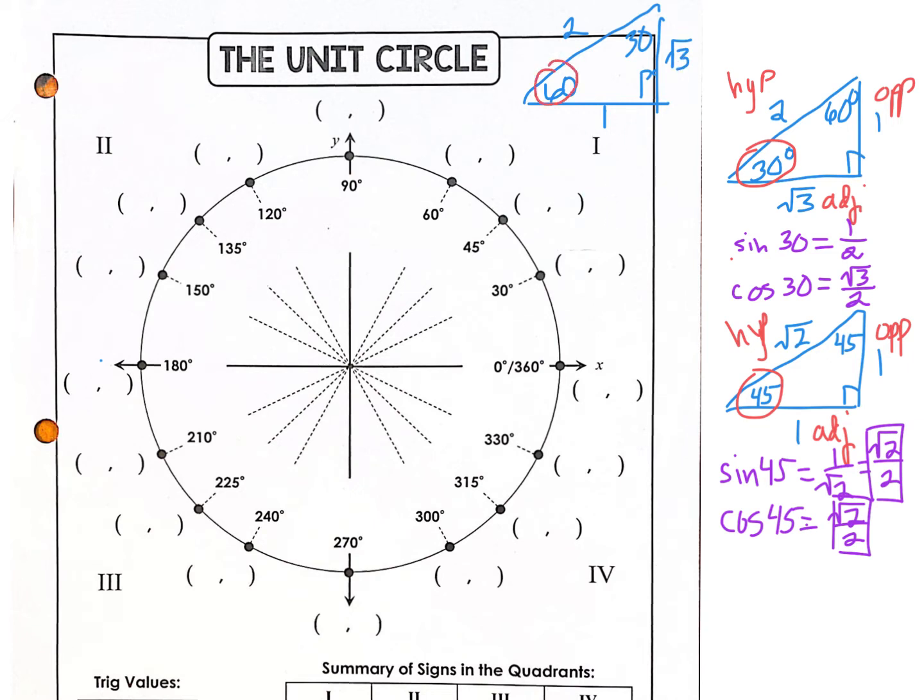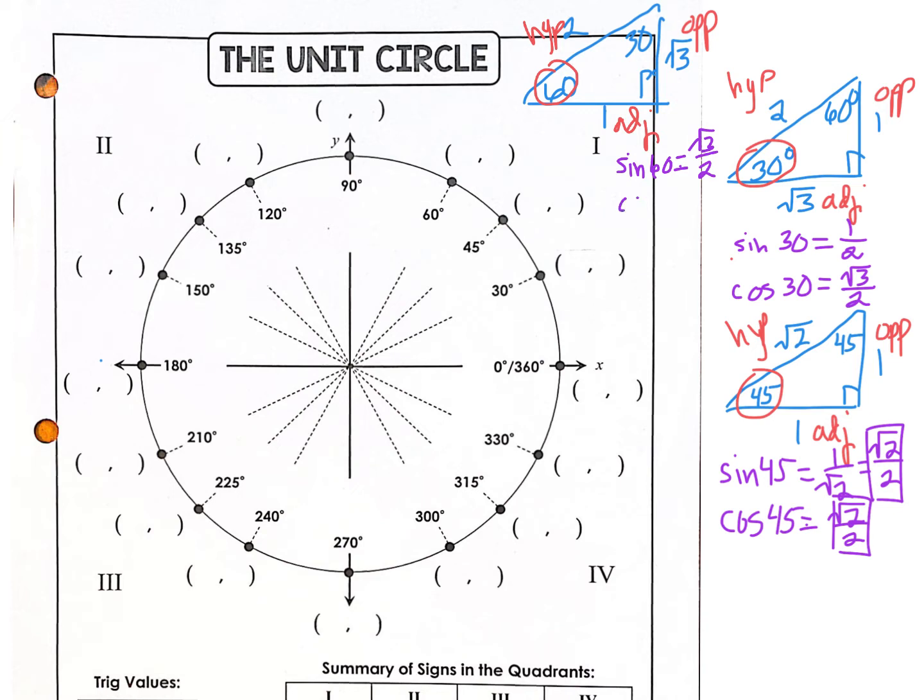So if this is my angle of reference, this is my side opposite, this is adjacent, and this is the hypotenuse. And then that means that the sine of 60 is equal to opposite, which is radical 3, over the hypotenuse, which is 2.